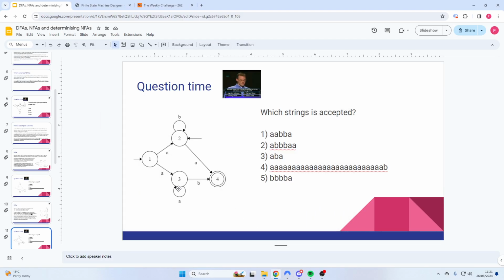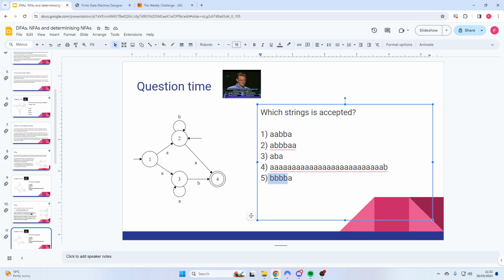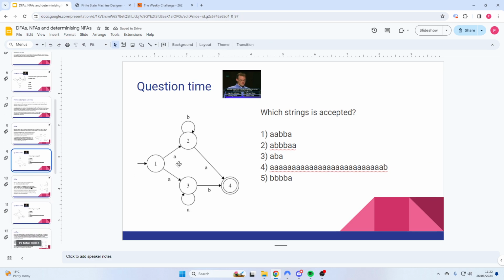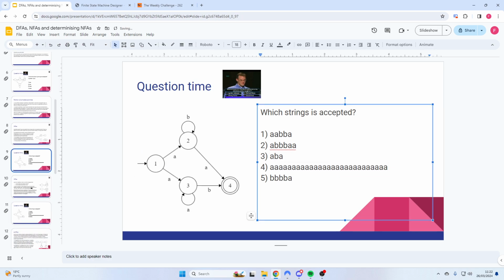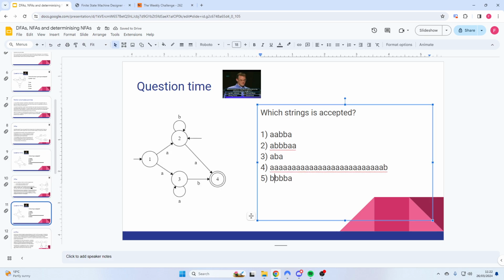We also need to check 2 and 5 though. So we know 3 and 4 are accepted. Does everyone understand why 3 and 4 are accepted based on our last one? Because we've already shown here, we decided 3 and 4 were correct. So we only need to check 2 and 5, yep.